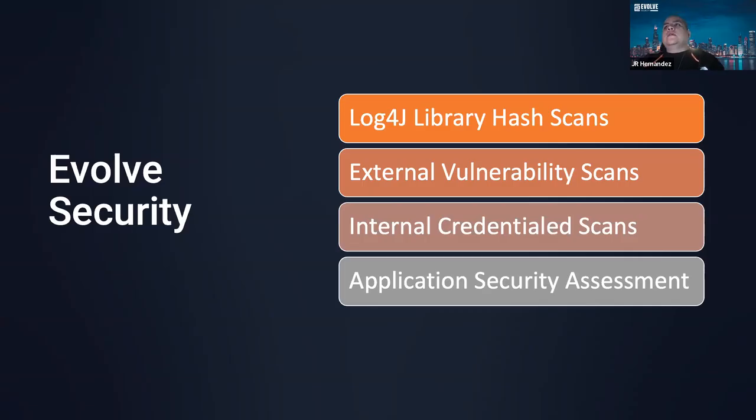So what the information security community did is they hashed the log4j vulnerable library. They created a hash of that file, and then they created scanners to look for that hash. So we have scanners that go through every jar file in your computer and compare it to the hash of the vulnerable library to identify it, right? So that's what we recommend.